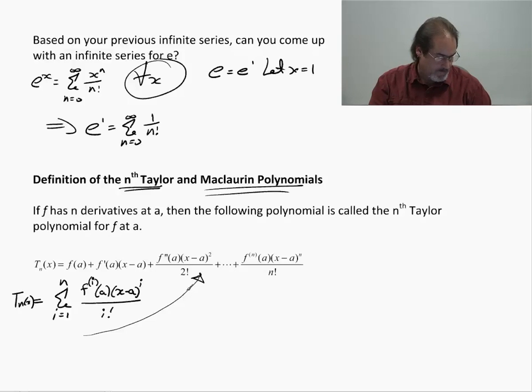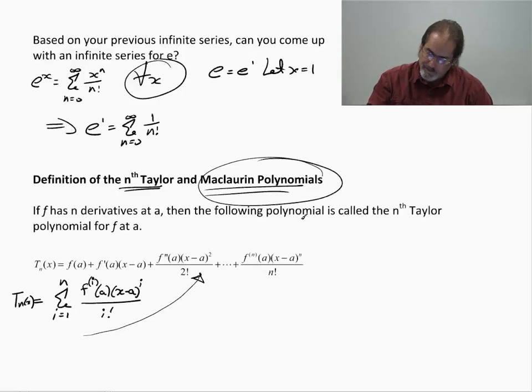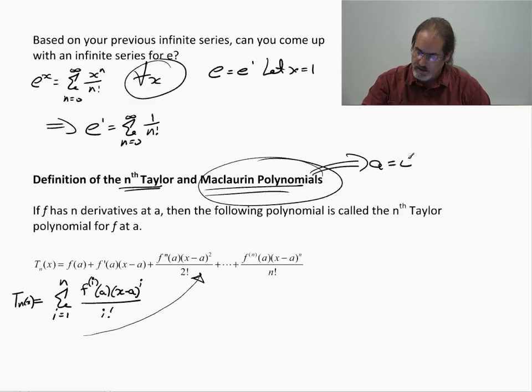Now, the Maclaurin polynomial is actually nothing more than a special case of the Taylor polynomial. And with the Maclaurin polynomial, what happens is a equals 0. So whenever we have a situation where we expand about 0, we're doing a Taylor polynomial or Taylor series about 0.